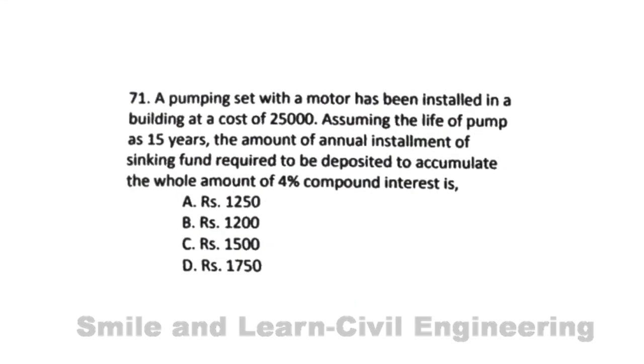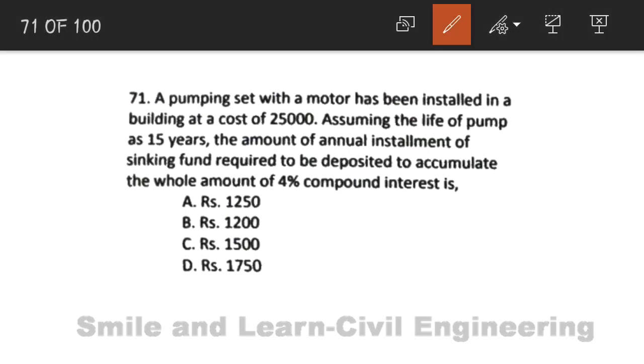Okay. Next question, a pumping set with a motor has been installed in a building at a cost of 25,000. Assuming the life of pump as 15 years, the amount of annual installment of sinking fund required to be deposited to accumulate the whole amount at 4% compound interest. We have given the formula for the sinking fund in our last video.